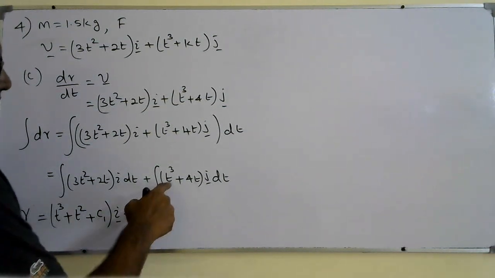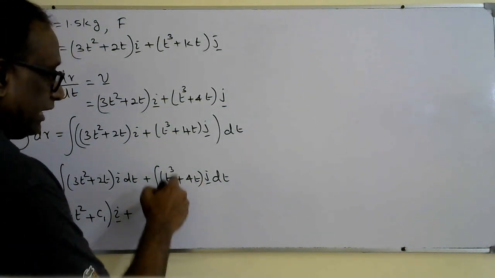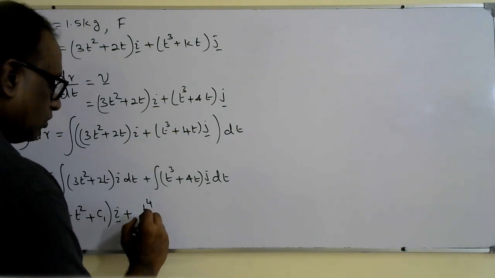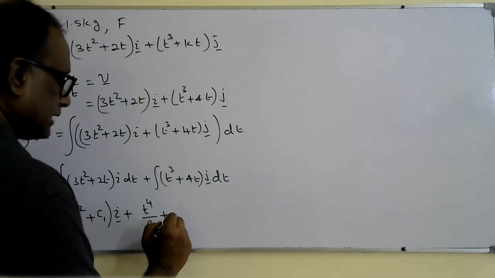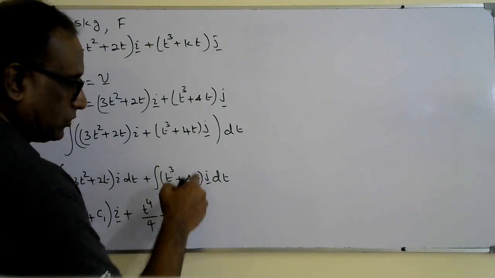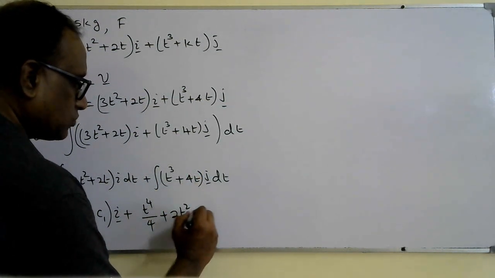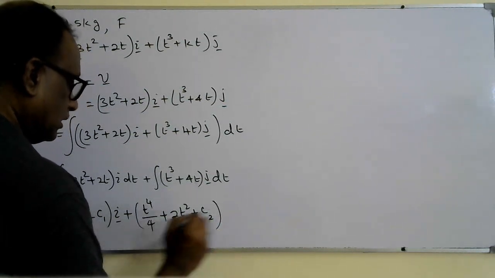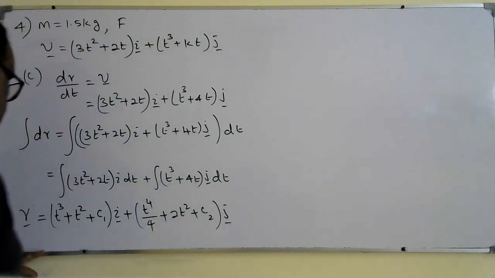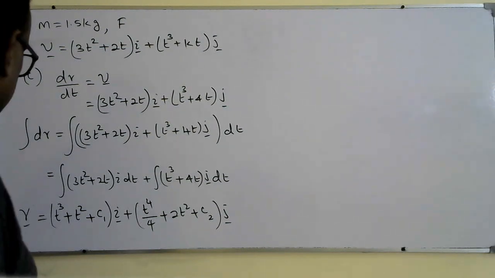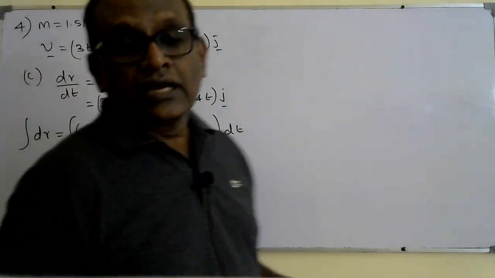Now the integral of t cubed is t to the power 4 over 4, plus 4t squared by 2, that 2 and this 4 get cancelled, so 2t squared plus c2, j. So this is the general equation for the position vector in terms of time.